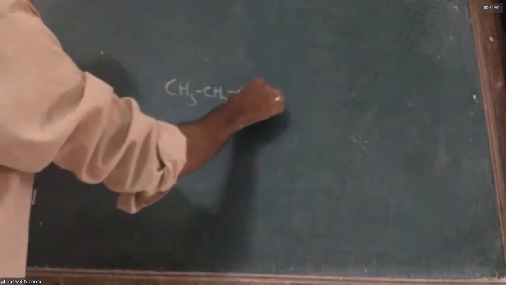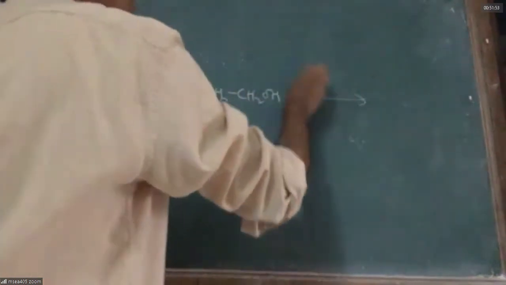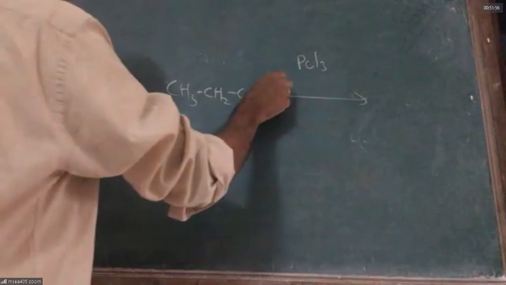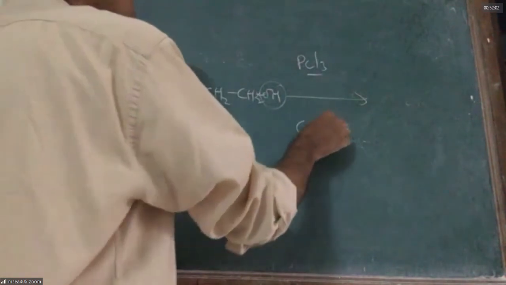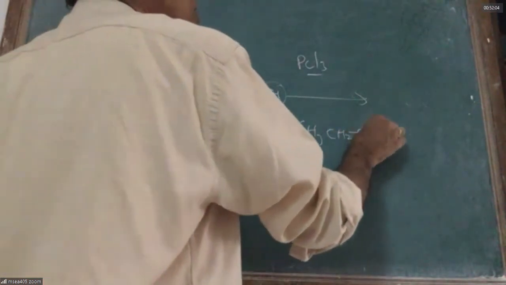Now, the second variety of reactions. Alcohols can react with PCl3. When it reacts with PCl3, OH minus is replaced by Cl. Here the CO bond is breaking. I get CH3CH2CH2Cl.